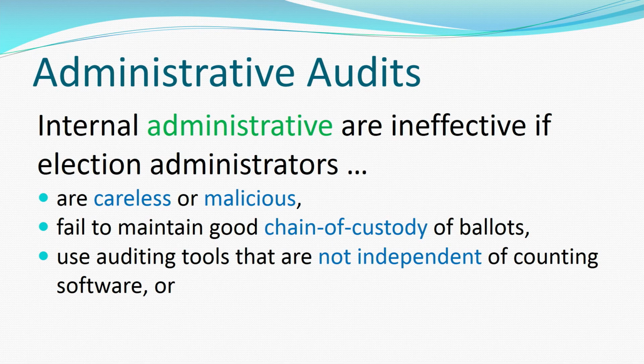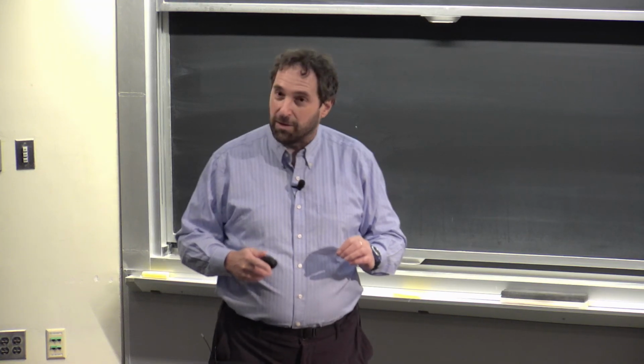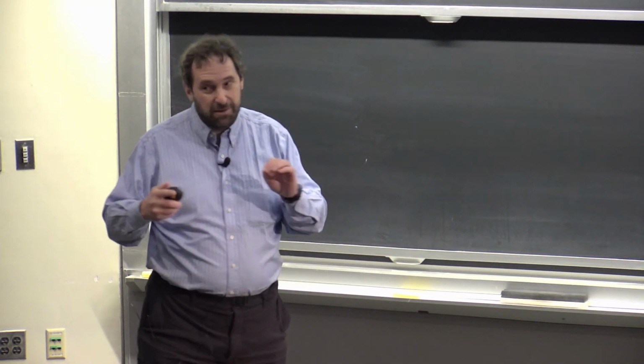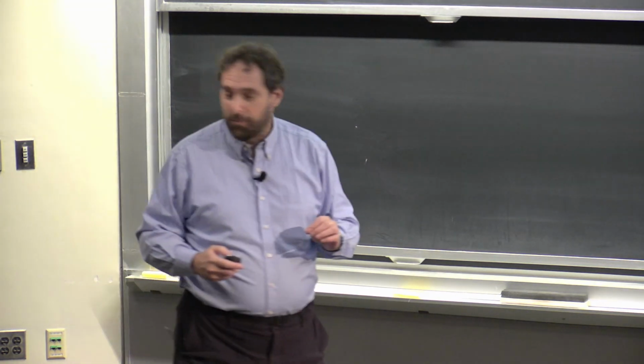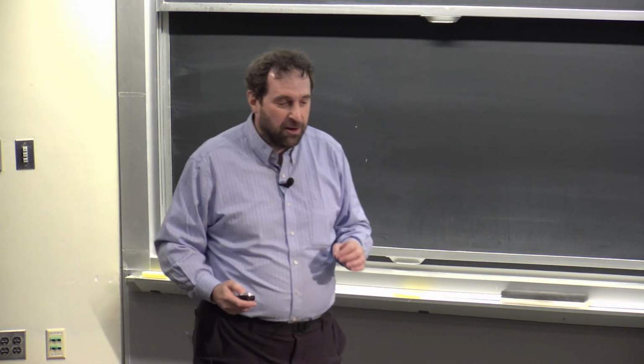You could imagine the original counting tool has a malicious or maybe erroneous situation where if you vote for A for president and B for governor, but not C for Secretary of State, then it's going to flip the top-level race. And the same thing will happen on the auditing software, and it's very likely that nobody will ever notice it. So unless you have good independence, you have a problem there. So that's another thing you have to worry about.